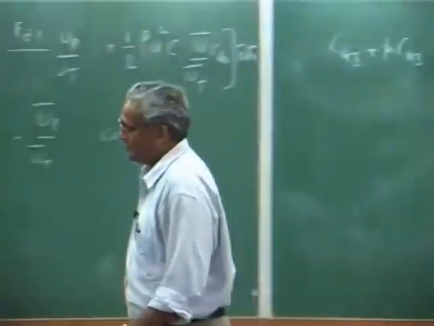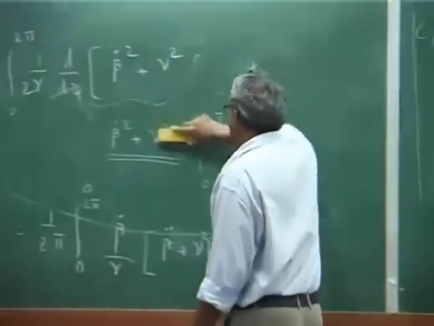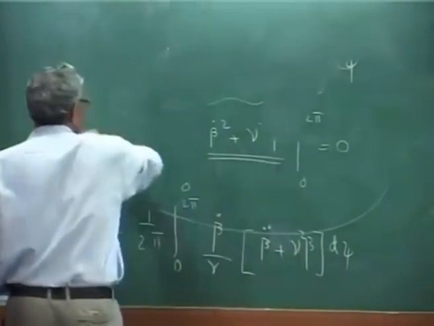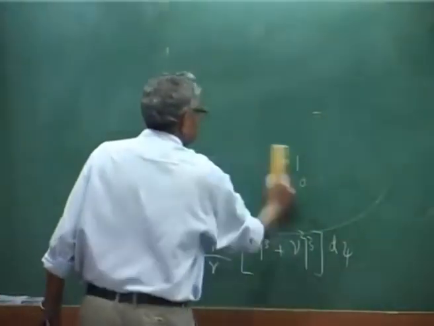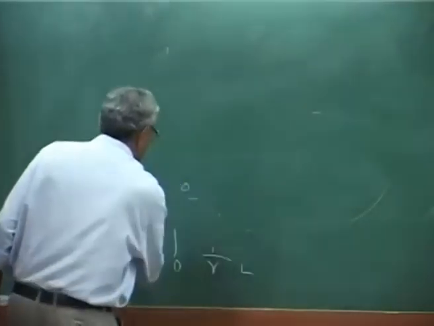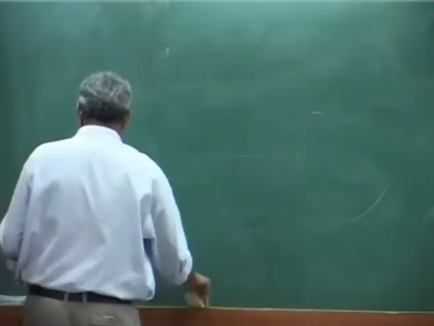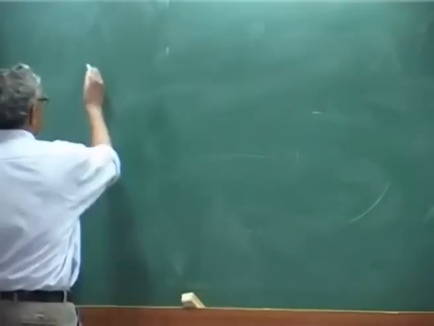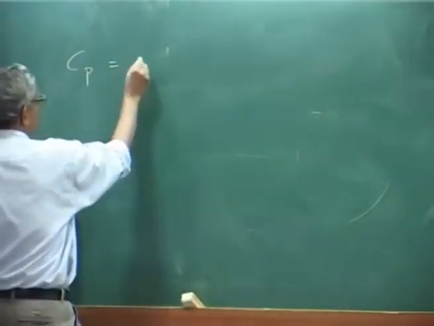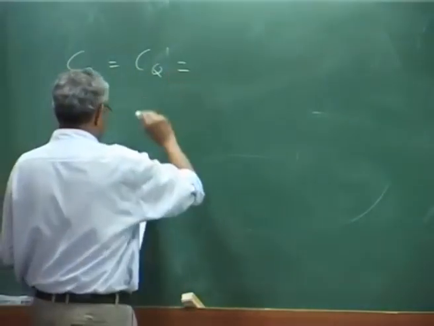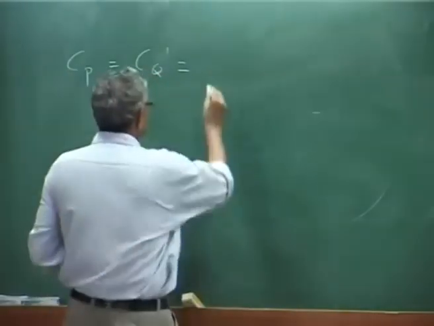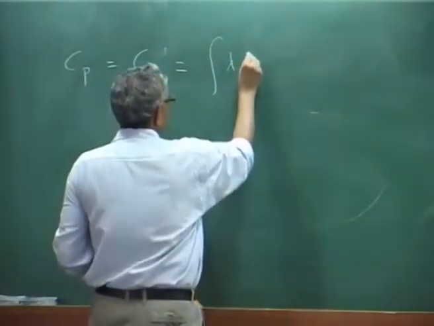Now, if we go back to our formulation of CQ, because we said the power coefficient CP is nothing but CQ, which we got as one of the terms lambda dCT.